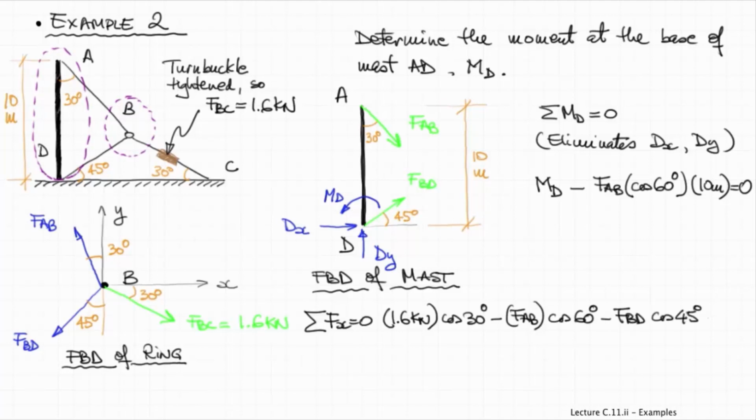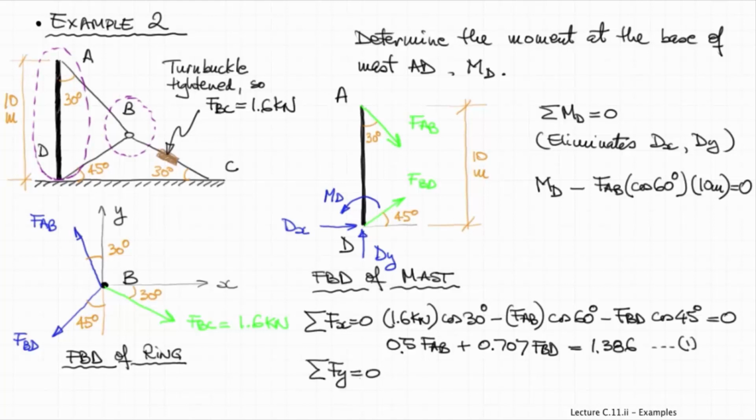I'm expressing, as you can see, everything in terms of cosines, and you will see in a second why I do that. Let's simplify this expression a little. So this equals 1.386, and let's call this equation number 1.